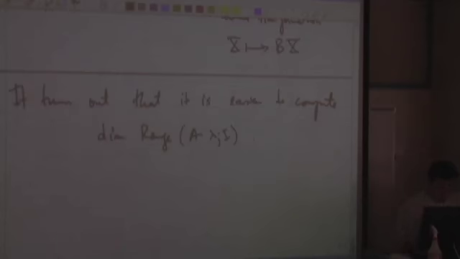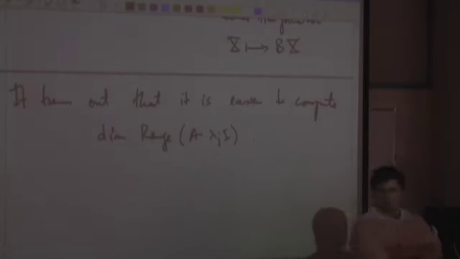So it turns out that it is easier to compute the dimension of the range, or of the column space. Okay? And this has a name. Anybody? What's the dimension of the column space of a matrix?